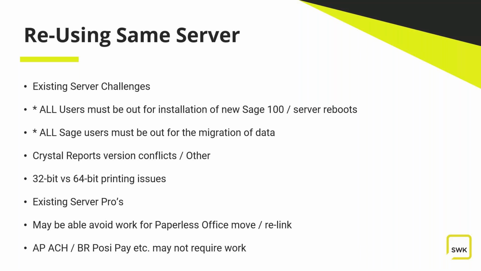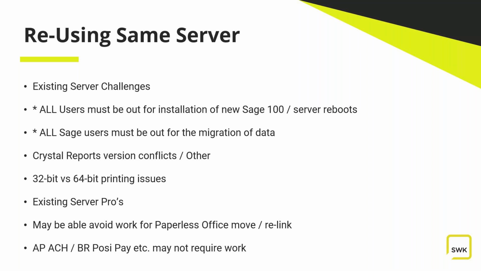Sage came out in the last couple of years with a 64-bit version of Sage 100. Everybody's been asking for that for a long time. Previously, though, Sage has always been a 32-bit application. So if we're putting the new Sage on the same server with the old Sage, and the old Sage is 32-bit, it means we need to keep the new Sage at 32-bit, at least until we do your final upgrade.